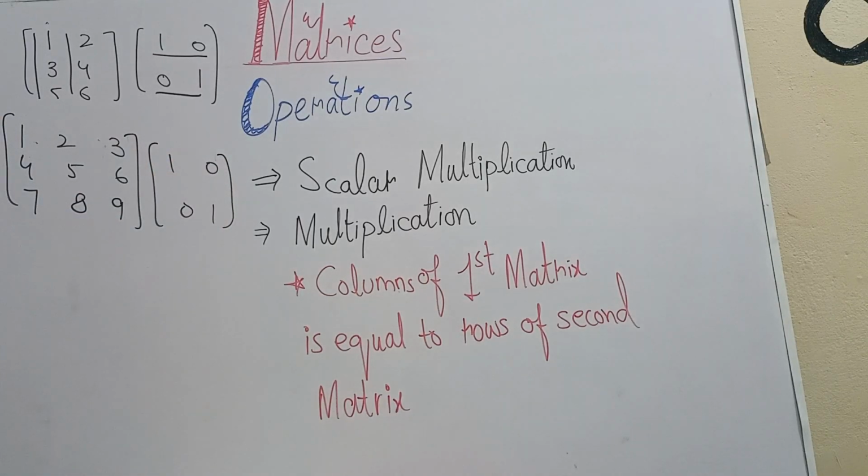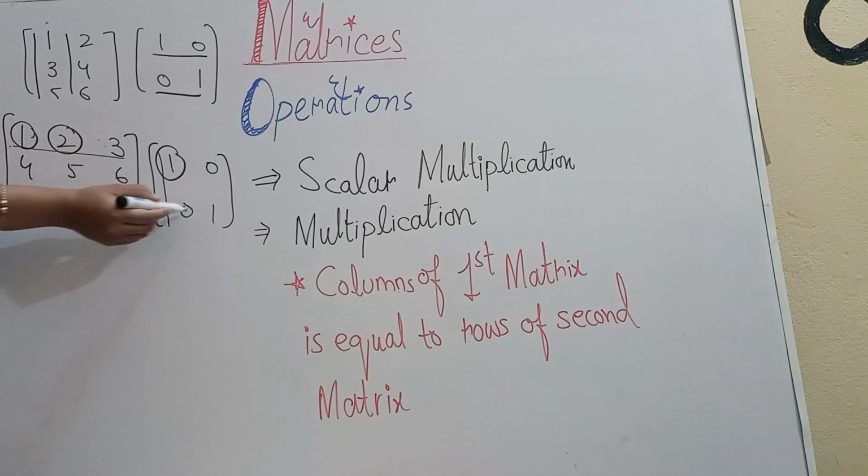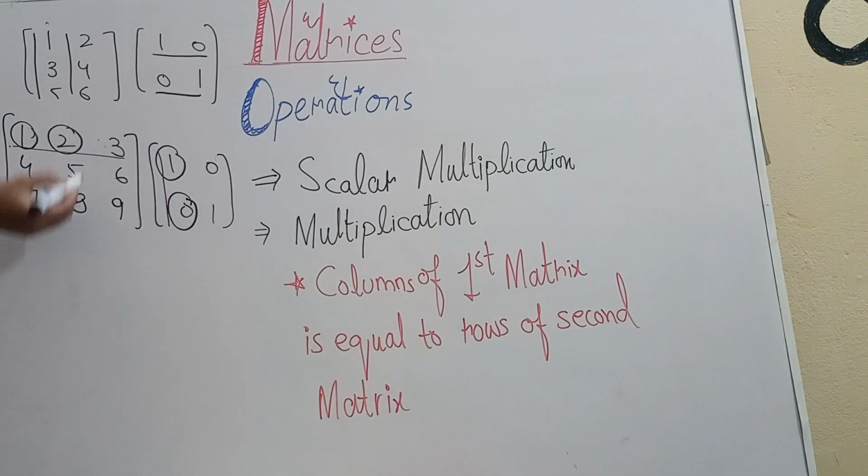For multiplication we have to go through row into column. That means for addition we just go through the elements in their places, because they were both of the same order. But for multiplication we have to multiply the first element of the row with the first element of the column, then the second element with the second element of the column. And here 3 is left and there is no number.